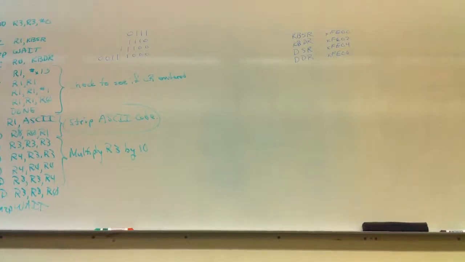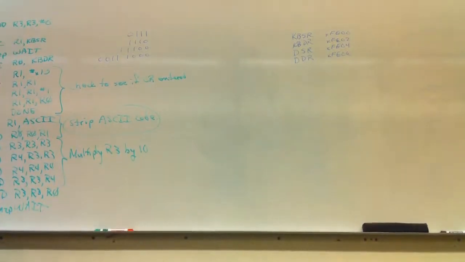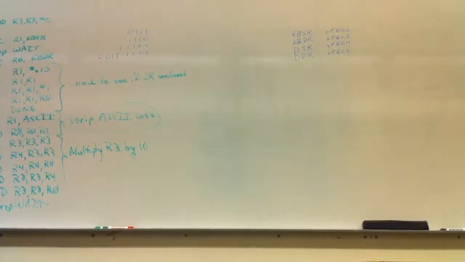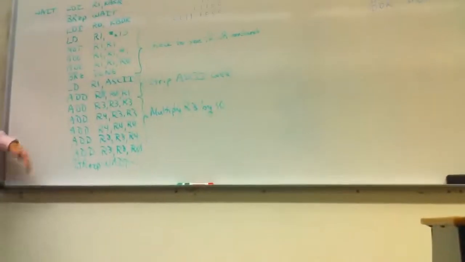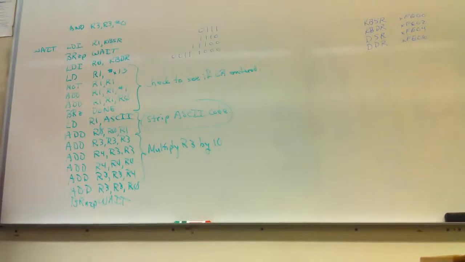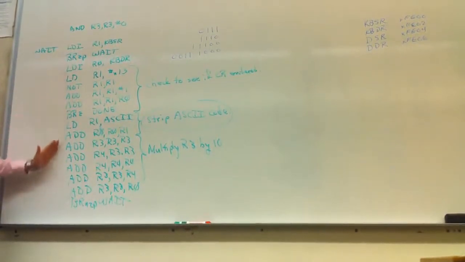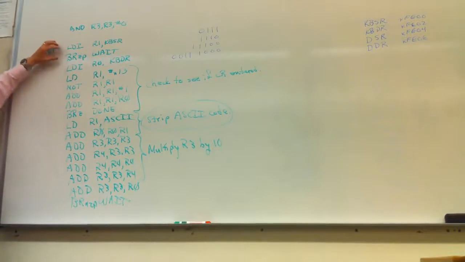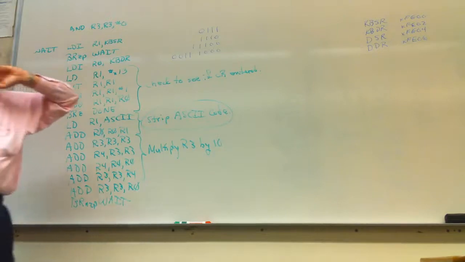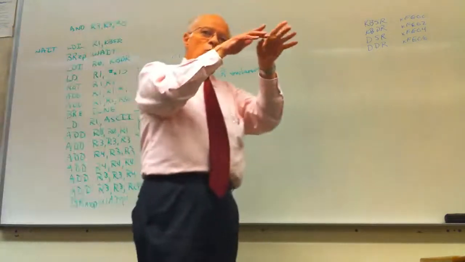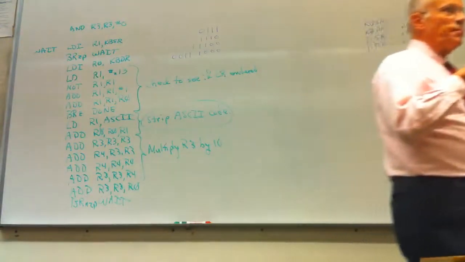Now, just like we had the problem, the reason we have to have this wait loop is because the computer can execute all of this and much more in the time between when you press one key and when you press the next one. No matter how fast you think you are, you're not that fast. And so you're going to end up with this waiting loop. Now, when we're going the other way, the same thing happens.